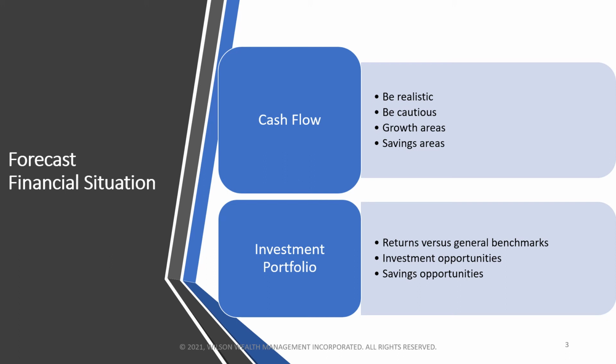So what areas in your cash flow do you think you can expand on? Maybe it's adding new skill sets that will give you that nice bump in salary. Maybe it's buying a small house and incurring a mortgage payment that's less than the rent. So what areas can you exploit going forward and factor into a forecast financial situation?